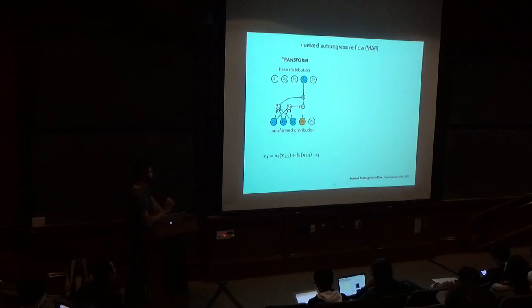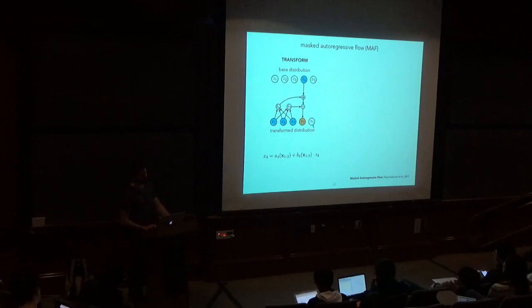So the transform that's defined by masked autoregressive flow is of this form, where you have some base distribution over your z's, and you have some transform distribution over your x's. Now, in order to actually get the next dimension over x, what we need to do is have this function over past dimensions of x, and then we'll apply this transform using the current dimension of z.